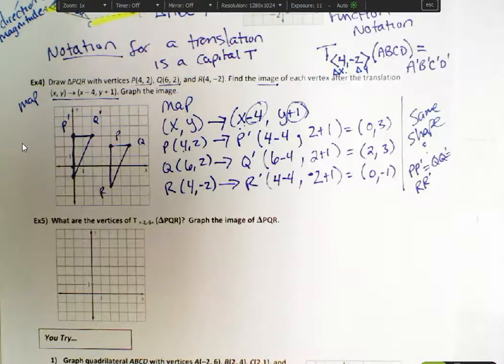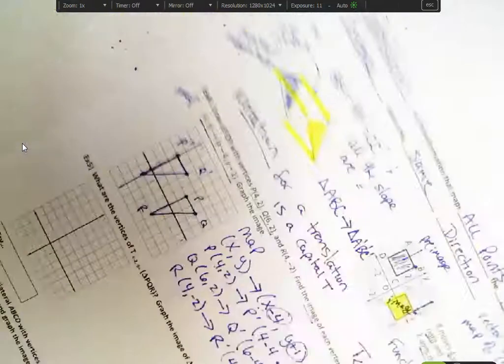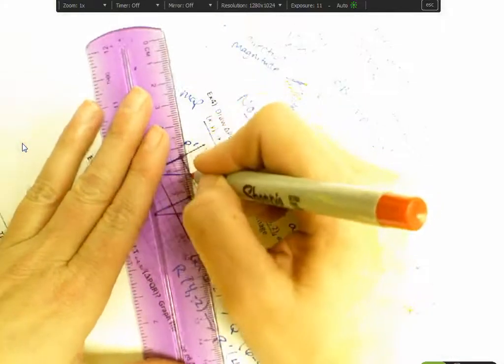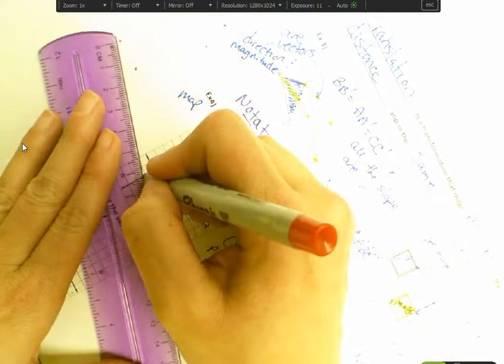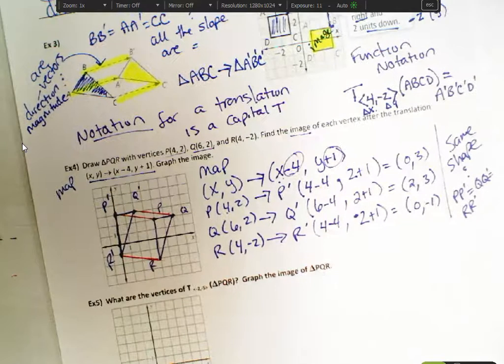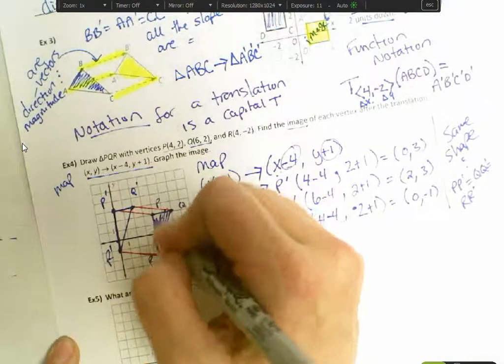Meaning that the segments between, I'm going to bust out a ruler here, P and P prime should be congruent to Q and Q prime, should be congruent to R and R prime. Make sure I mark that R prime. This was my original pre-image.